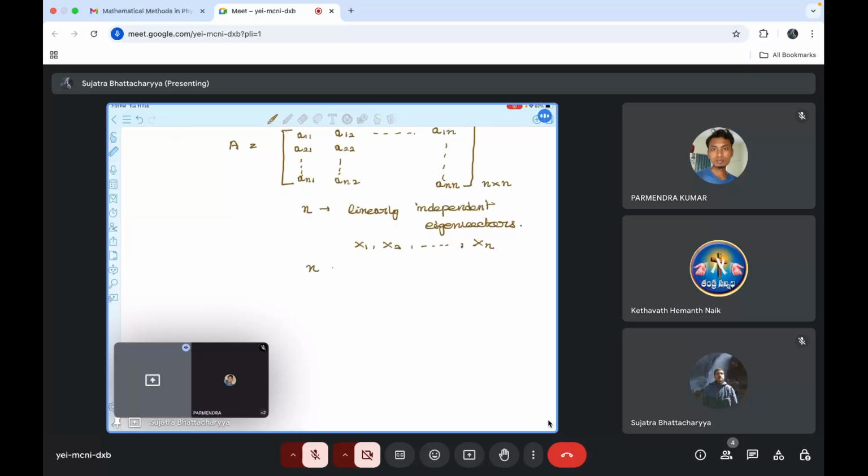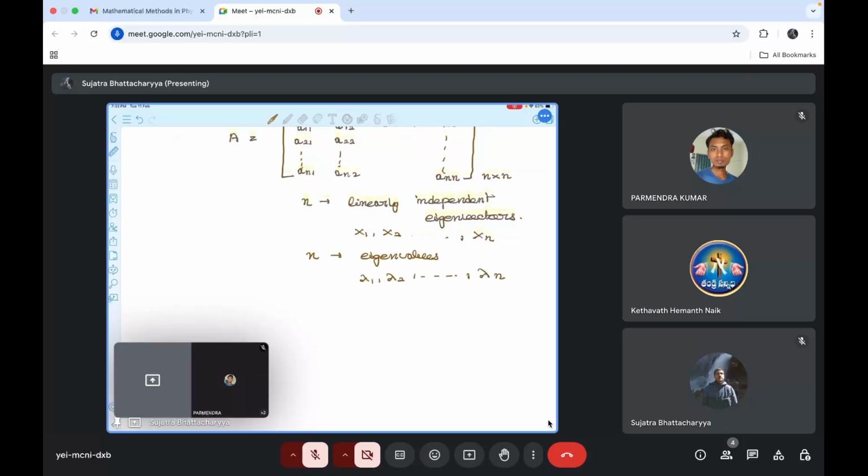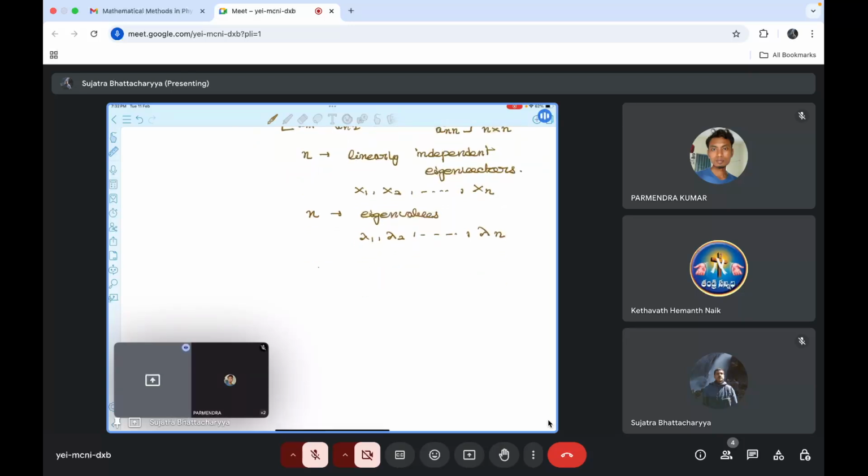Corresponding to each eigenvector, there will be n eigenvalues, of course, which are lambda 1, lambda 2, so on up to lambda n. Each of these eigenvectors xi can be written like this: si1, si2, so on to sin.